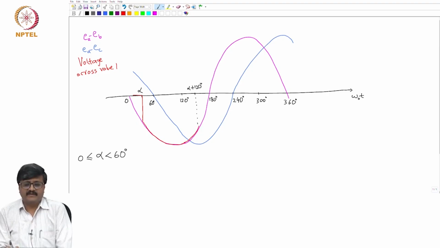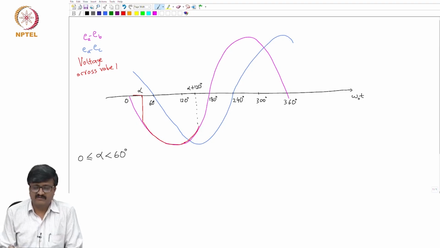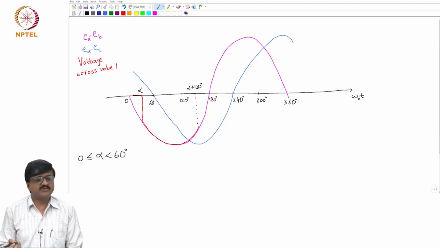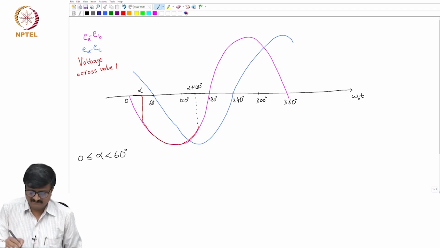Then at alpha plus 120, the voltage across valve 1 jumps to EA minus EC.